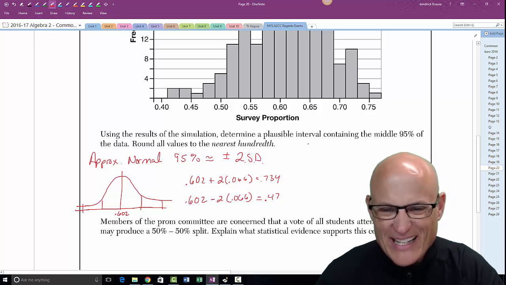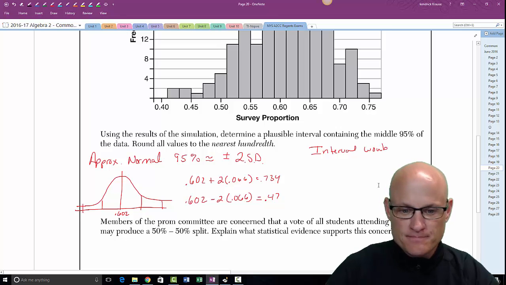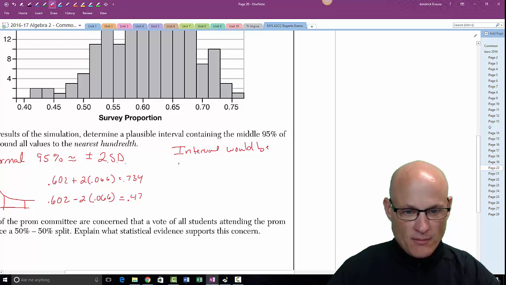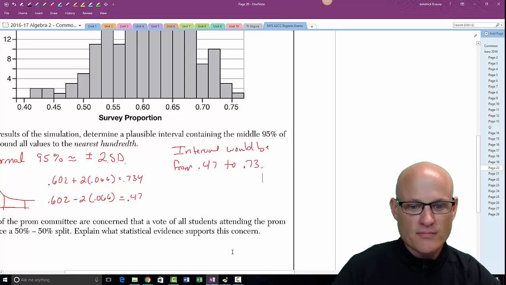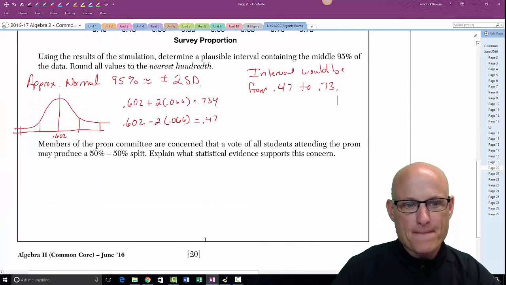So I would say the interval would be from 0.47 to 0.734. That would be the middle 95%.